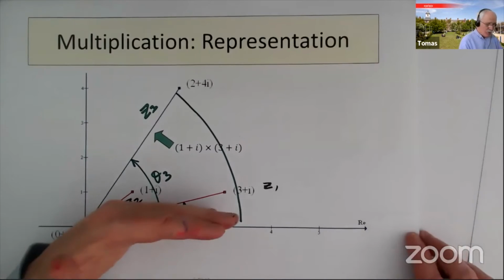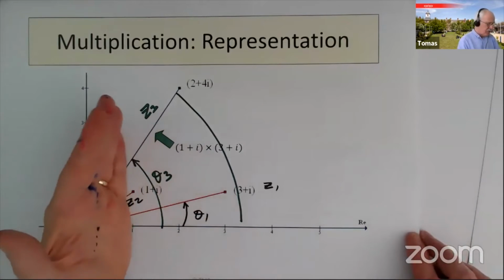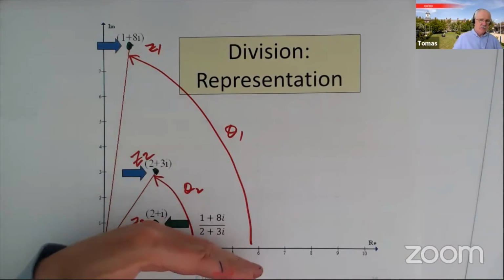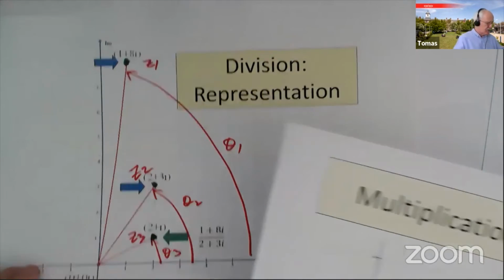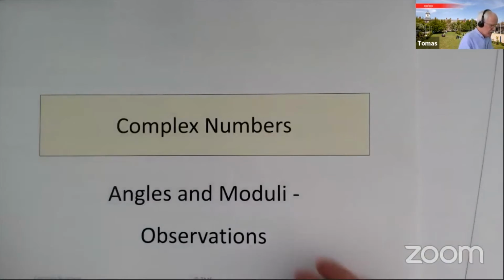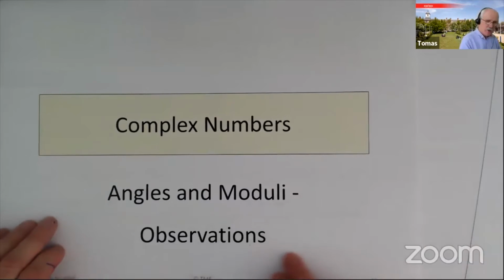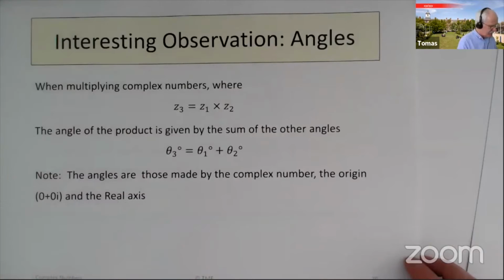Or when you're multiplying, you rotate anti-clockwise. If you're dividing, you rotate clockwise, which is sort of nice. It's a nice way of doing it. So these are just some observations that happen when you look at complex numbers in that way.